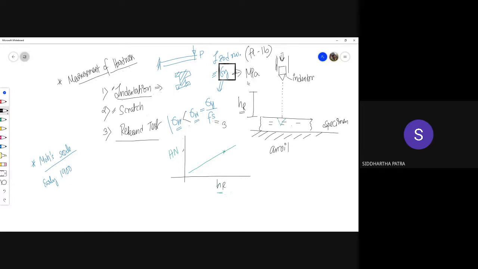But even with a unit, you cannot make sense of a given Izod number unless you compare the value with certain other materials, more than one maybe, or at least one other material. Then you can make a comparison that one material is tougher than the other. Same thing applies to hardness. Only when you compare the hardness numbers of more than one material can you make sense that one material is harder than the other.